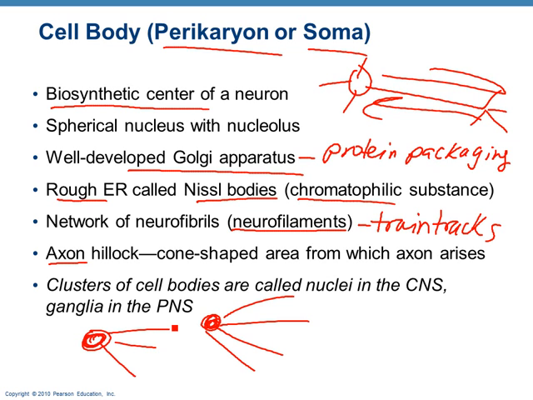If you're in the CNS, that's called a nuclei. It's a bundle of cell bodies. And if you're in the PNS, it's called a ganglia. And so we're going to talk about some ganglia and nuclei as we go along and talk about different parts of the body. So if I use the word ganglia or I use the word nuclei, you'll know that's just a grouping of cell bodies either in the central nervous system or the peripheral nervous system.